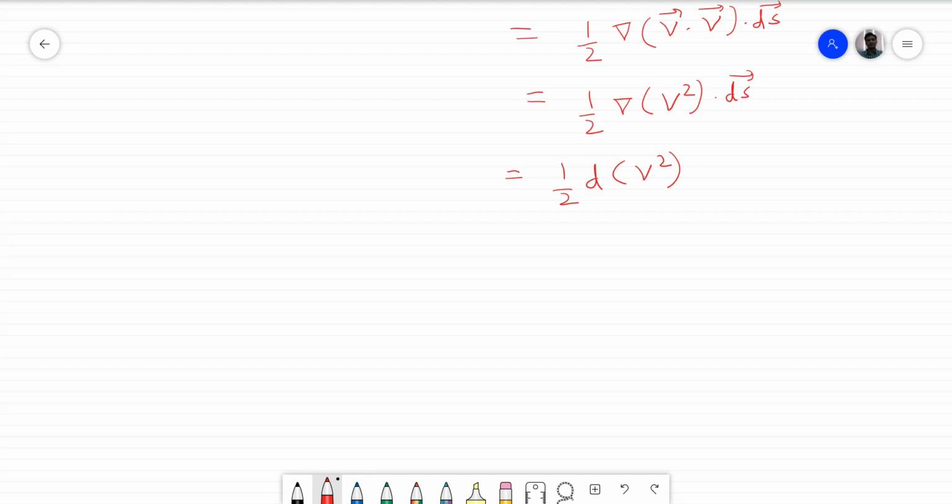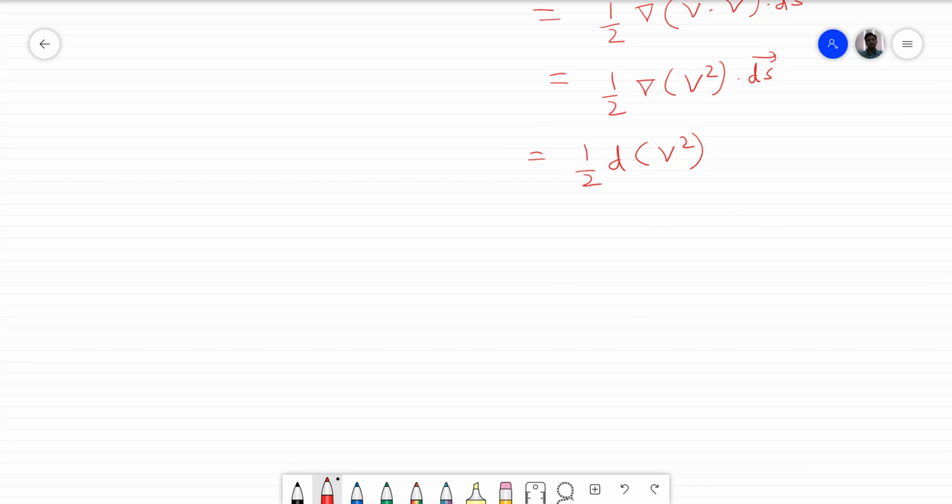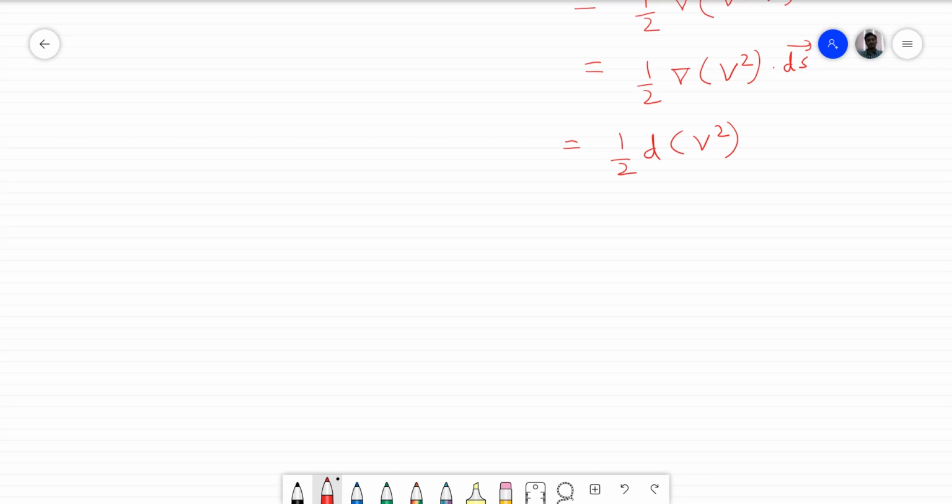In the pressure term we had del p dot ds, here we have del of v square dot ds, where v square is a scalar. So we get half d of v square, that is the total differential.